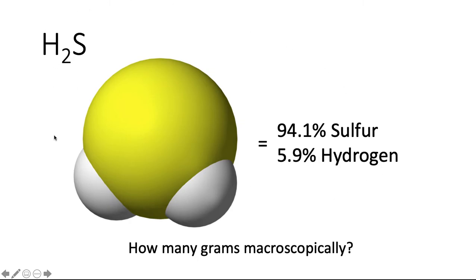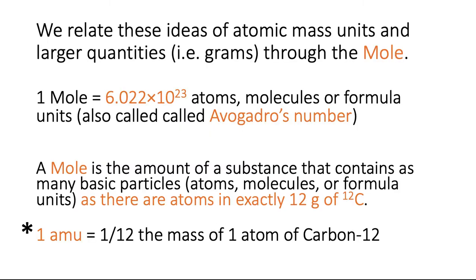For that particular purpose, we relate these ideas through the idea of the mole. So we relate the atomic mass to the larger quantities of grams, for example, on the laboratory scale, through the mole. So what is the mole? A mole is just a unit number.